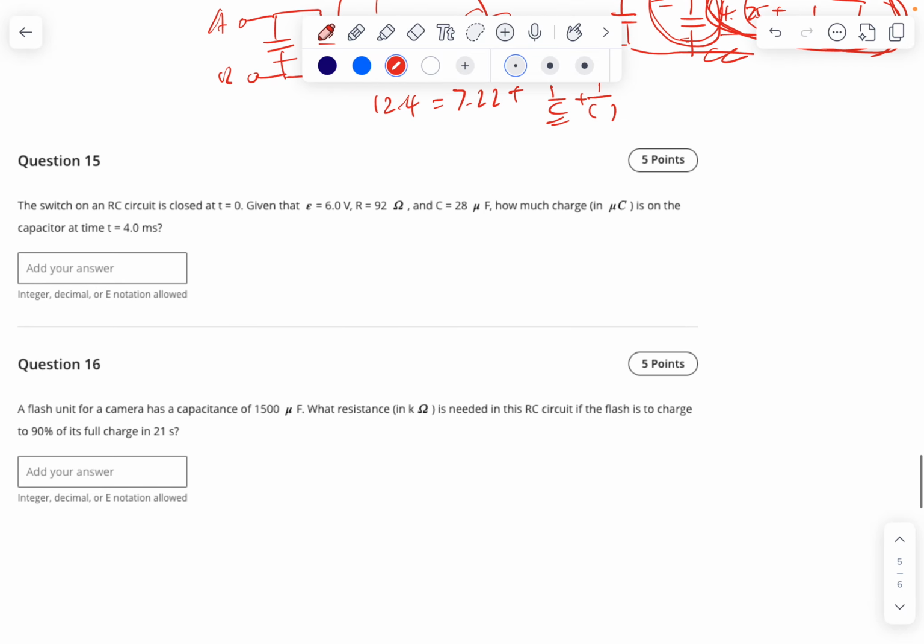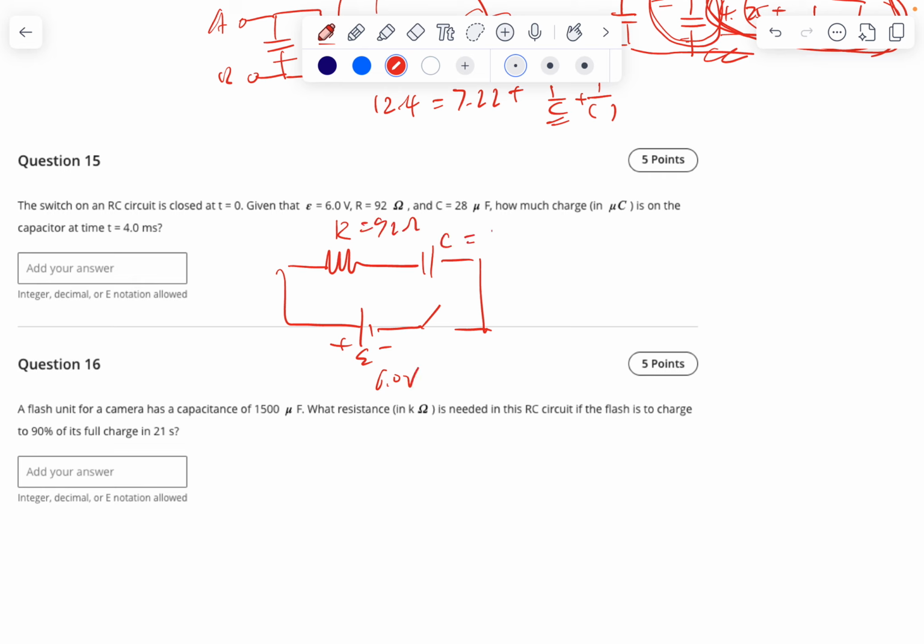Number 15. The switch on an RC circuit is closed at t equals 0. All right, so we know this is 6.0 volts, R equals 92 ohm, C equals 28 microfarad.